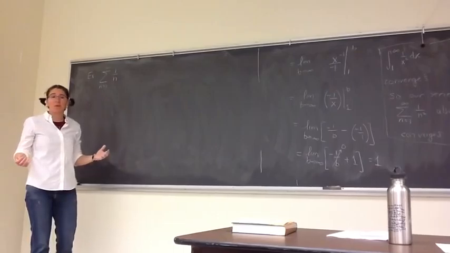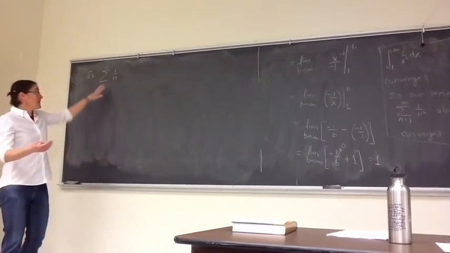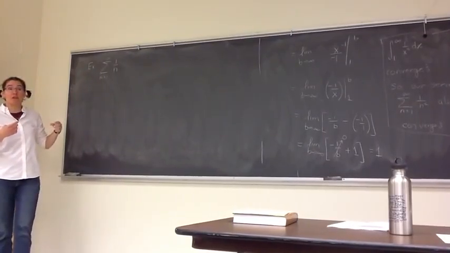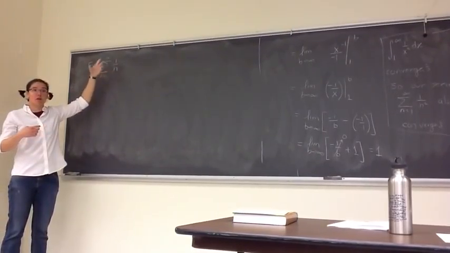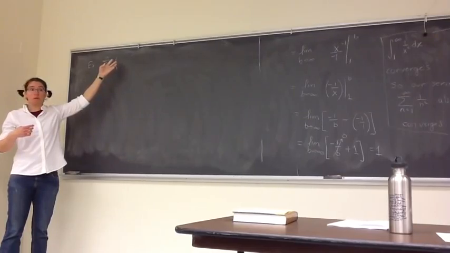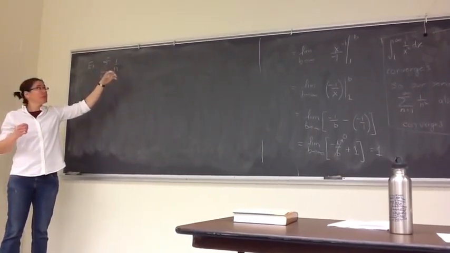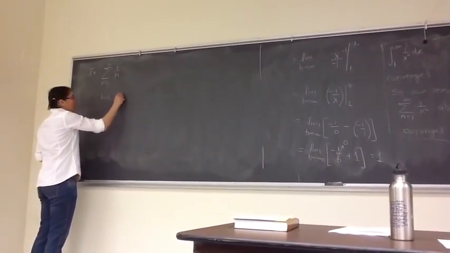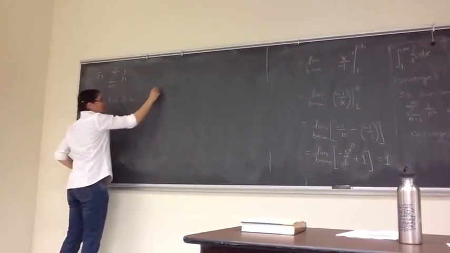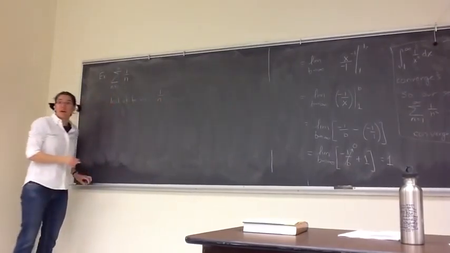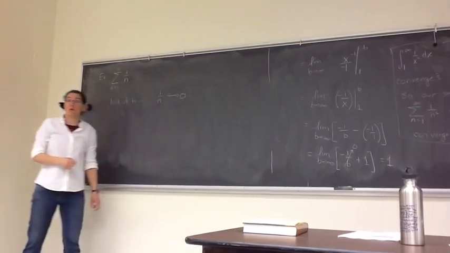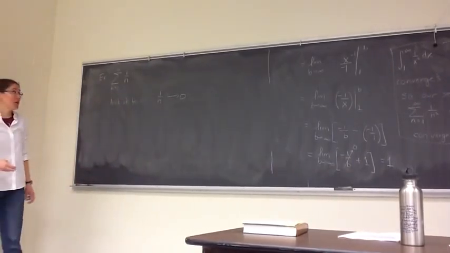Maybe my first step would be to say, okay, is this a geometric series? And the answer is no, because with geometric series, your incrementing value is always part of the powers. So that's not the case. When I look at the terms, my terms look like 1 over n, and those terms go to 0, which means that my divergence test tells me nothing.